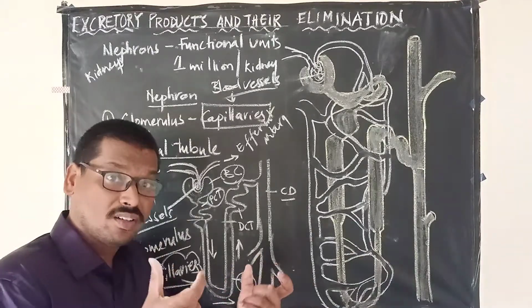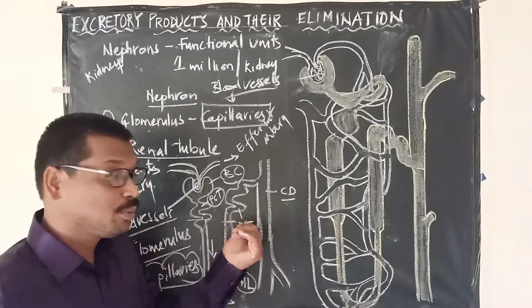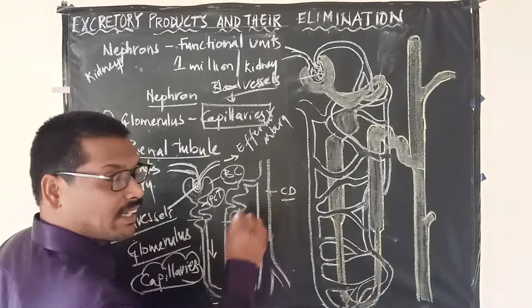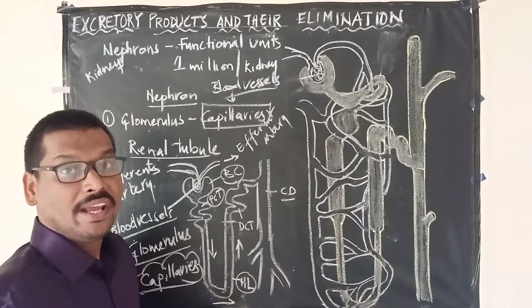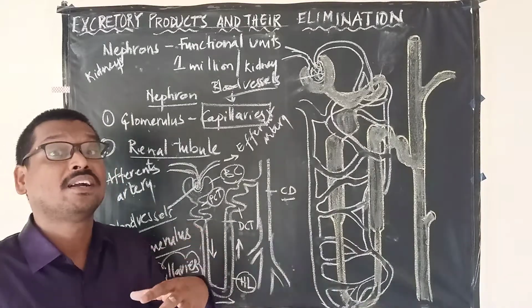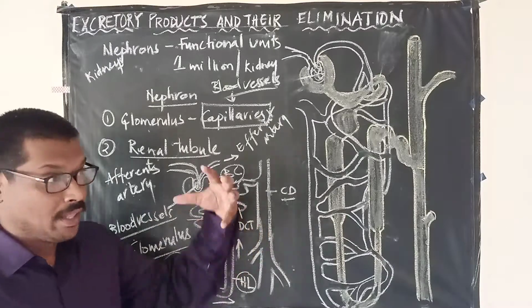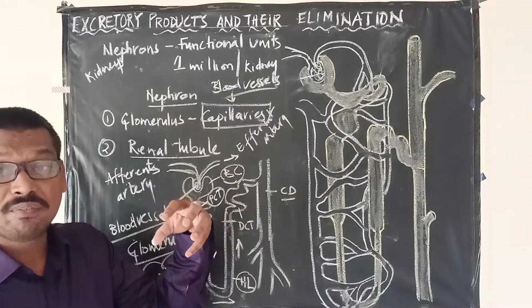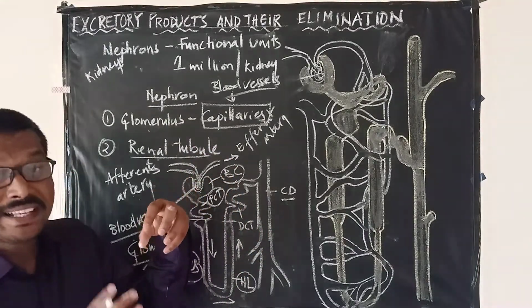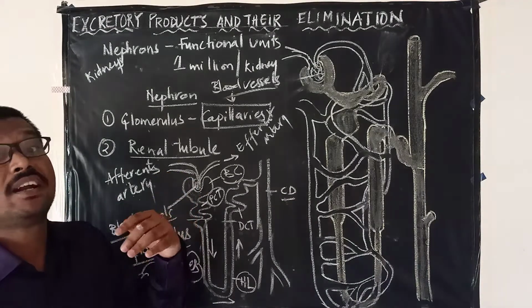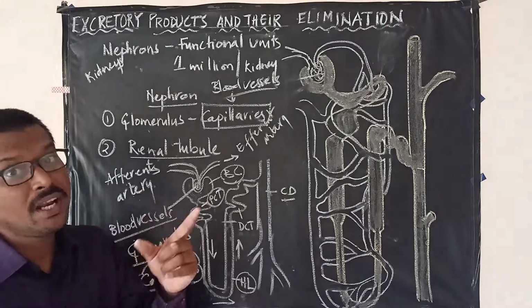So many nephrons with their distal convoluted tubules come and join the collecting duct. This collecting duct now enters the other part of the kidneys, as we have seen, the medullary pyramids. The medullary pyramids are present where we said? They are present in the calyces, and these calyces are joined to the renal pelvis.